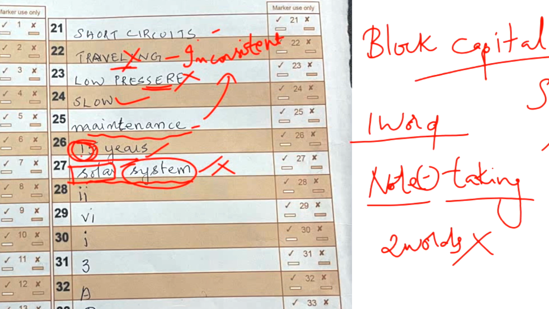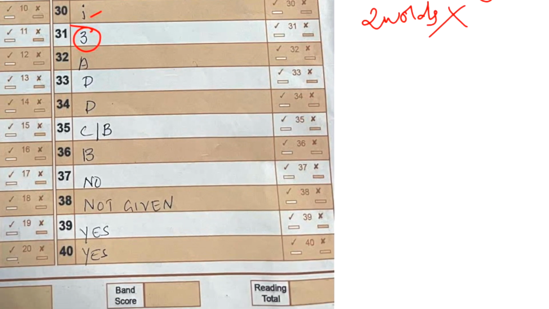Okay, now again matching type of questions, all this can be considered right, but see here number 3 is written here and not the Roman number, so for that reason this will not be considered right. These are multiple choice questions, this can be considered right, this will never be considered right.